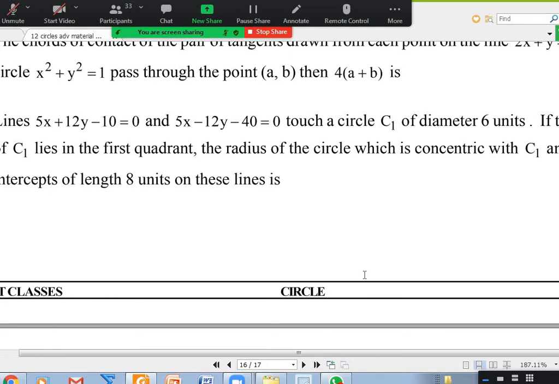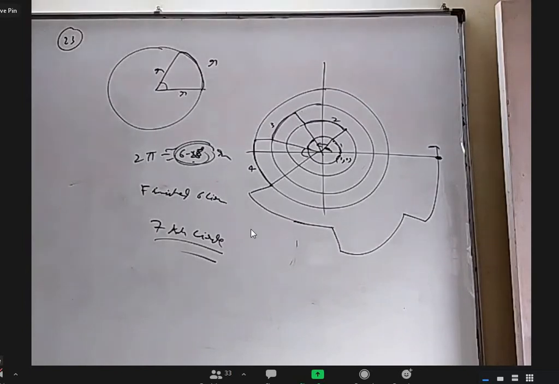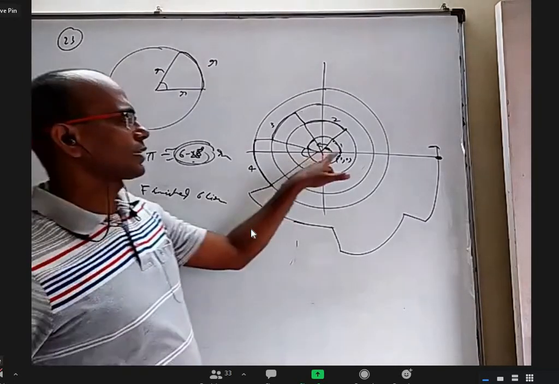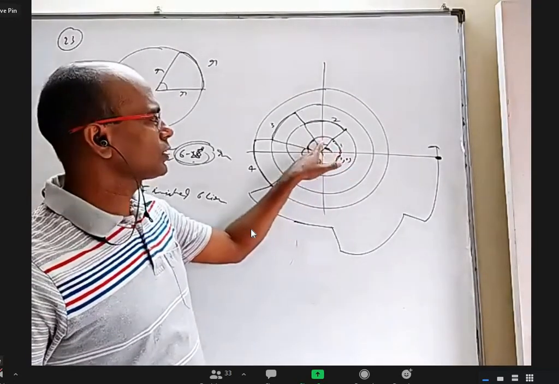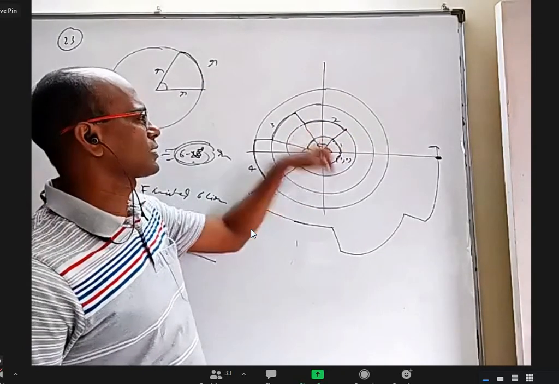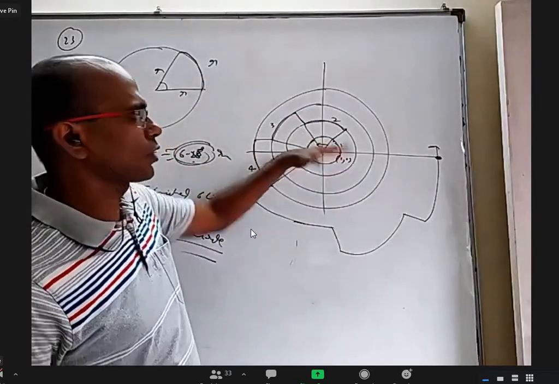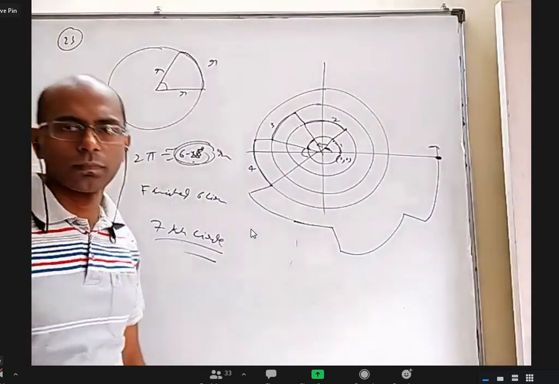Sir, again explain, sir. Have you understood the radian definition? Yes, sir. Okay. So what is the question here? On a circle of radius 1, travel 1 unit. On a circle of radius 2, travel 2 units. On a circle of radius 3, travel 3 units. So every time when you travel this much distance, are you rotating by 1 radian? Yes, sir.